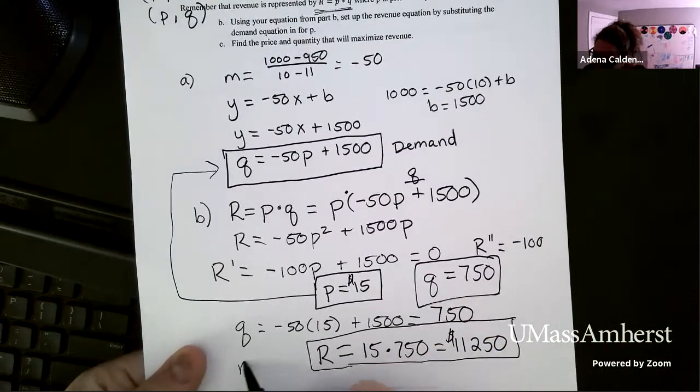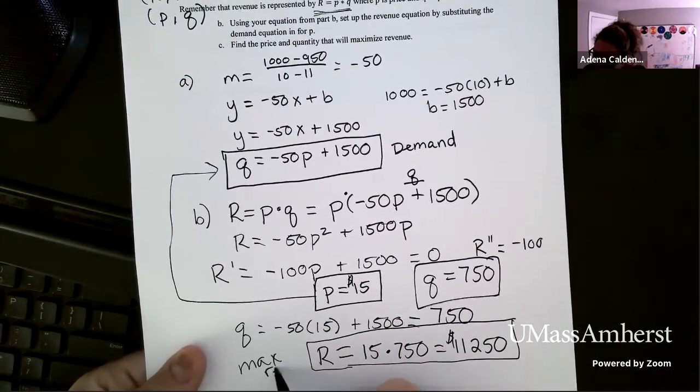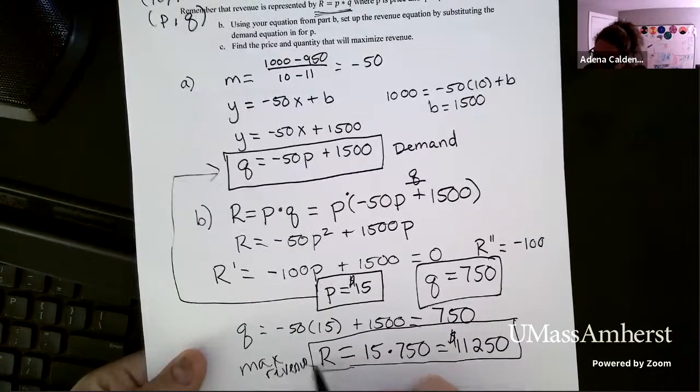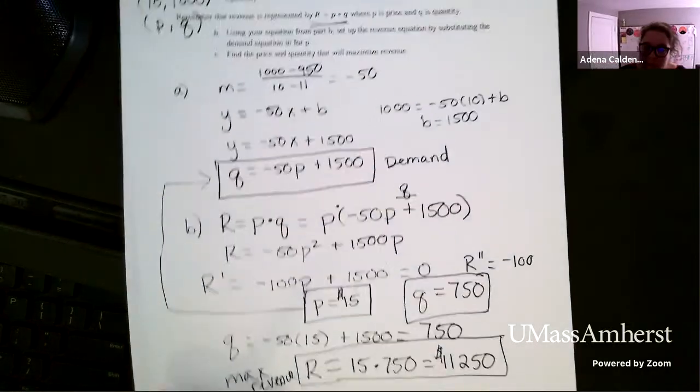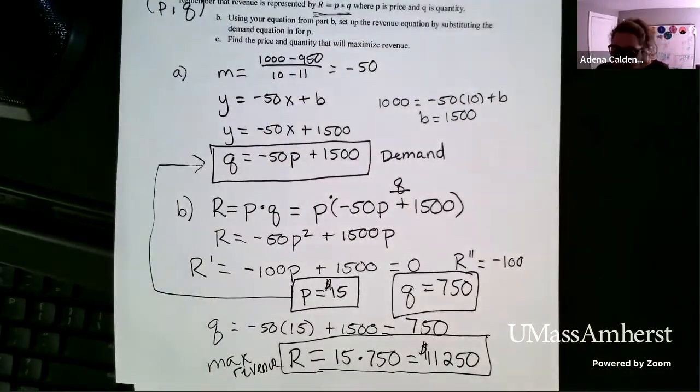Okay, so that's your max revenue that you can make in this theater. You would charge $15, you would sell 750 tickets, and that would give you $11,250. There's no combination that's going to give you more.